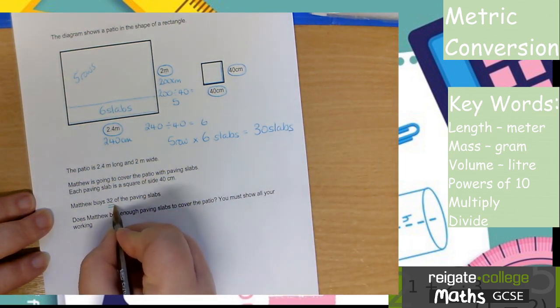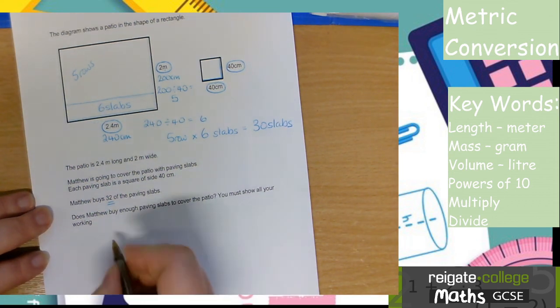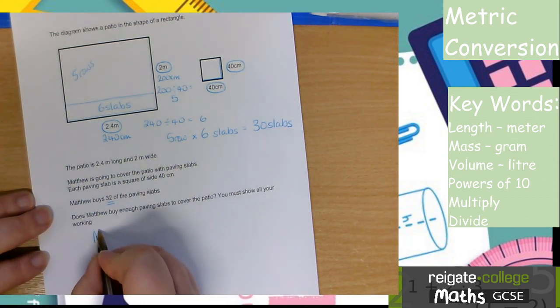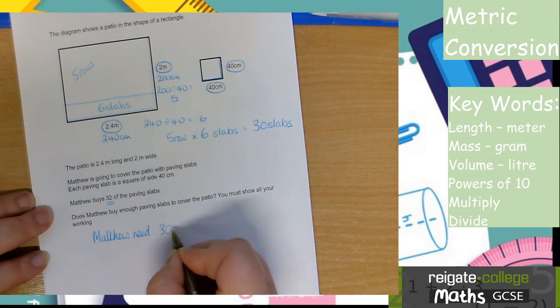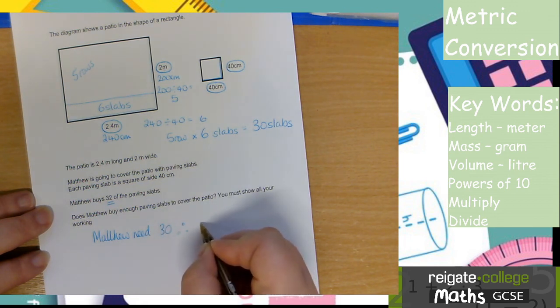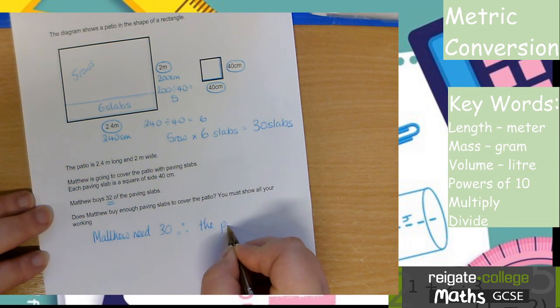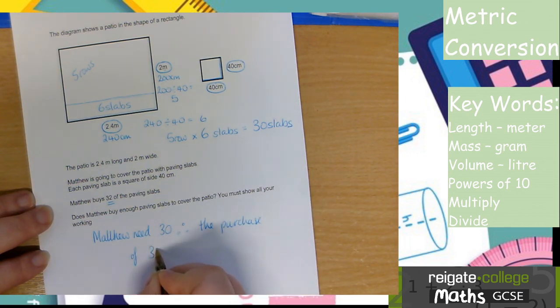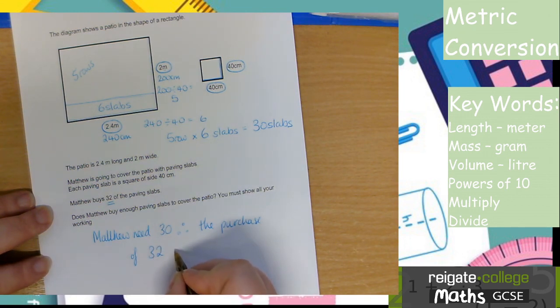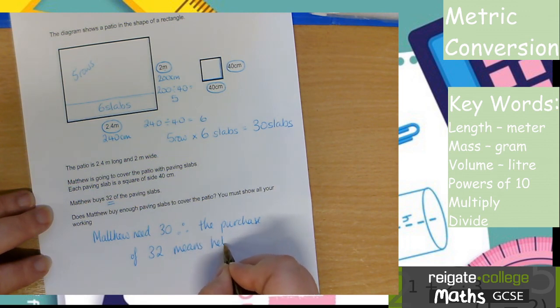Comparing that to the 32 that have been bought, Matthew needs 30, therefore the purchase of 32 means he'll have 2 left over.